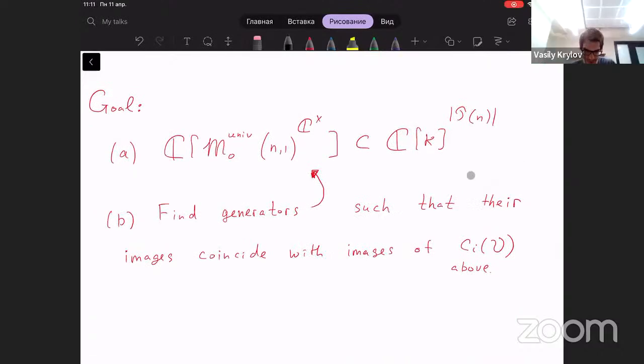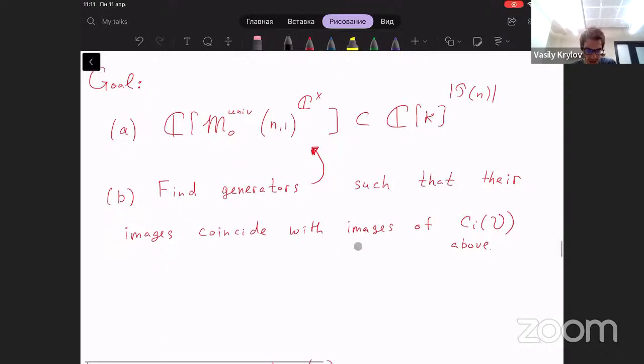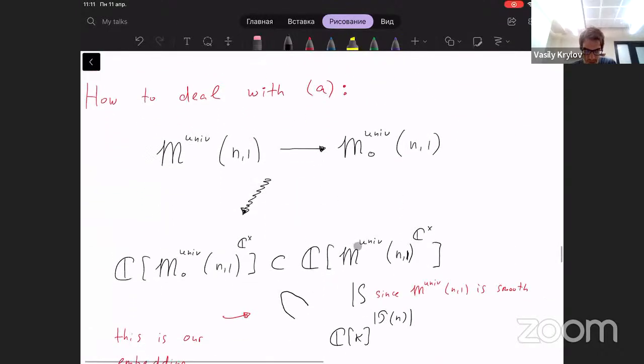So the goal is the following: find the embedding, find generators, and that's it. Okay, how to do this? First of all, how to deal with the embedding. Let us recall that our M universal N1 was resolved by the corresponding smooth symplectic variety, M N1 universal, without zero.